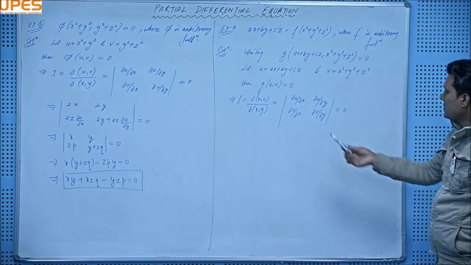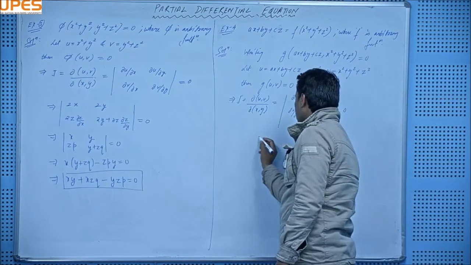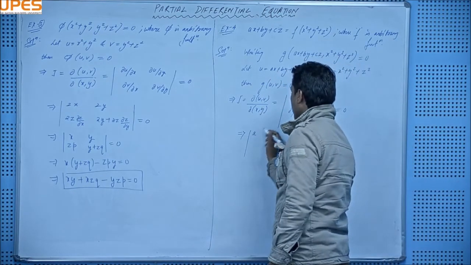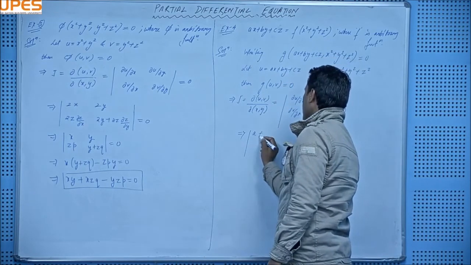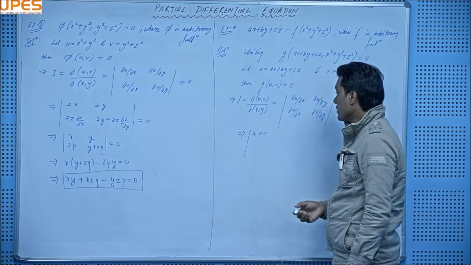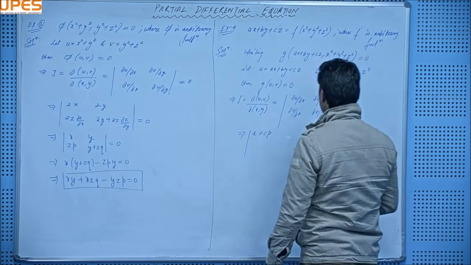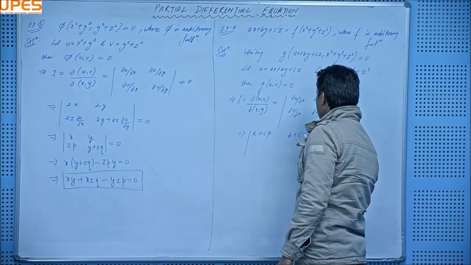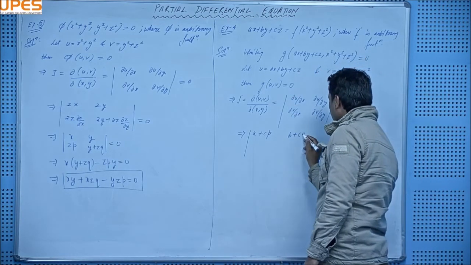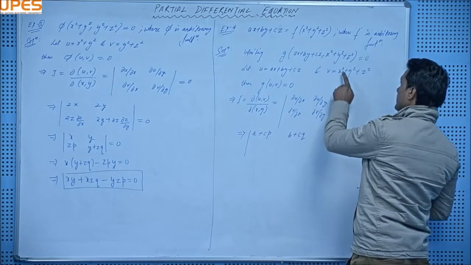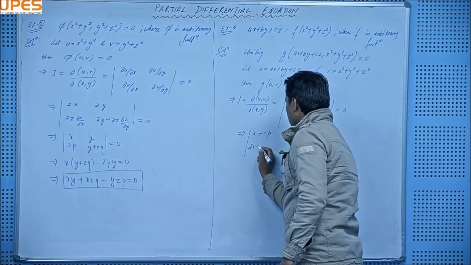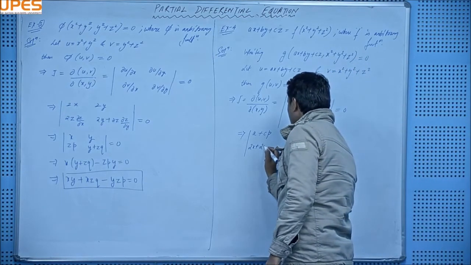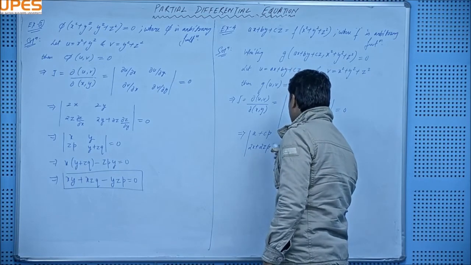Finding del u over del x from this equation, we get a plus 0 plus c times del z over del x, and that is denoted by small letter p. Del u over del y is b plus c del z over del y, that is denoted by letter q. Del v over del x will be 2x plus 2z del z over del x, that is 2z p.